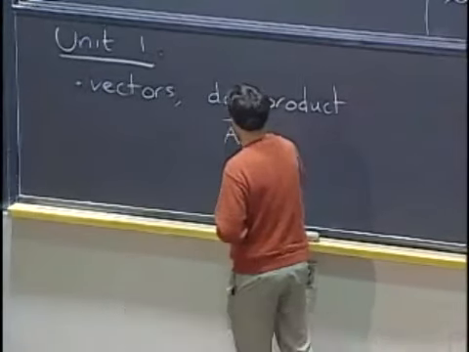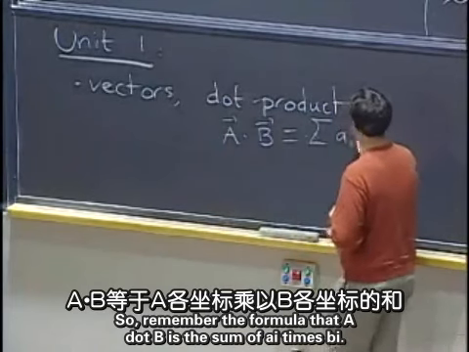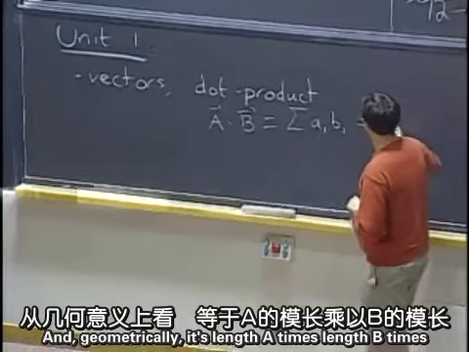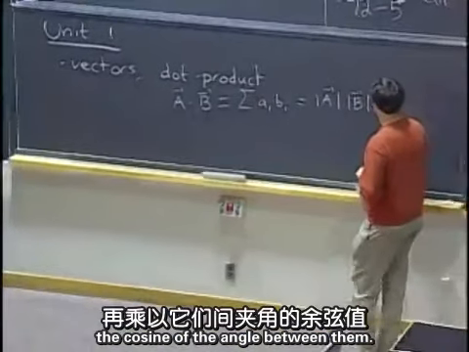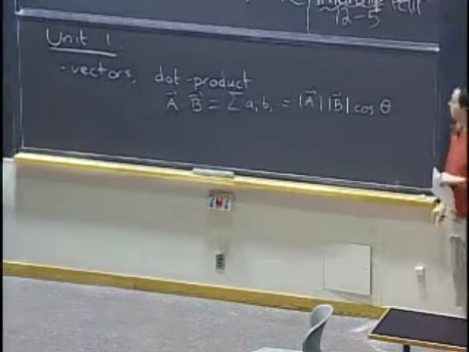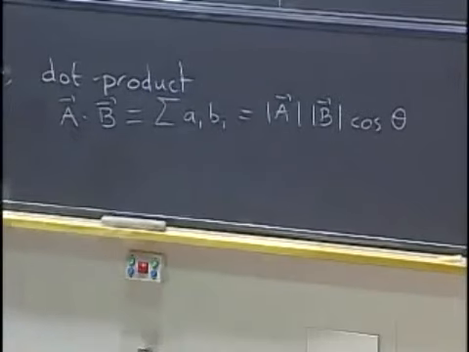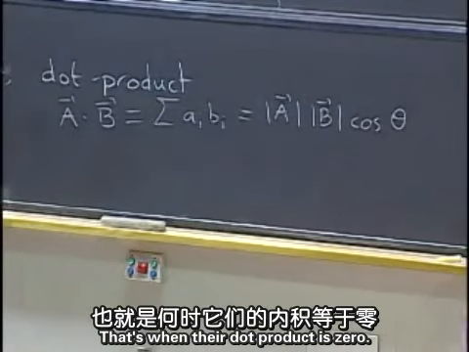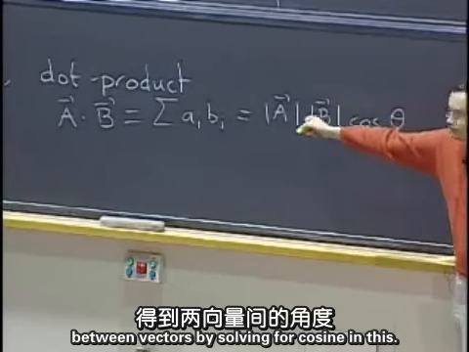So remember the formula that A dot B is the sum of AI times BI, and geometrically it's length A times length B times the cosine of the angle between them. And in particular, we can use this to detect when two vectors are perpendicular. That's when their dot product is 0. And we can use that to measure angles between vectors by solving for cosine in this.